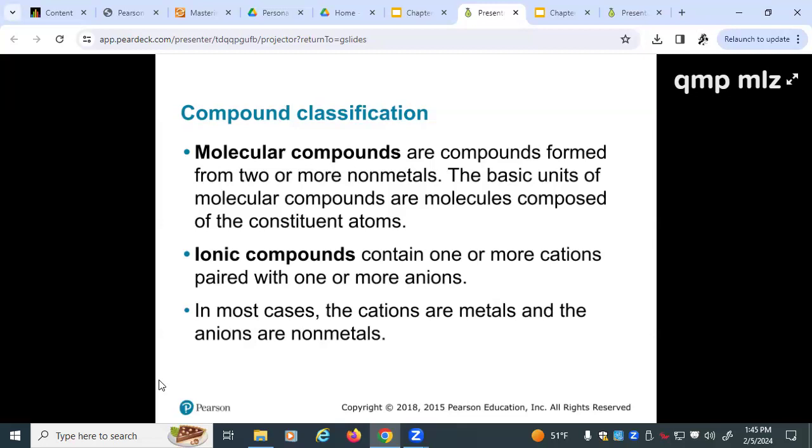When it comes to nomenclature, which we're going to talk about Wednesday and Friday, we're going to look at each of these individually. Ionic compounds come from the attraction of ions. We talked about cations and anions, positive ions and negative ions. The attraction of those positives to negatives is what creates these ionic compounds.